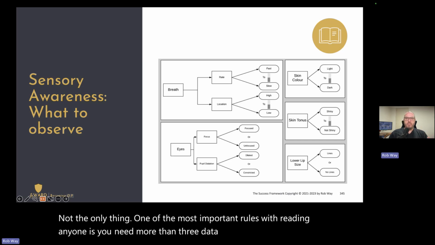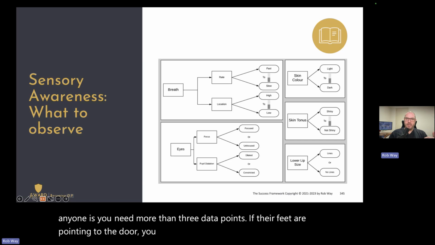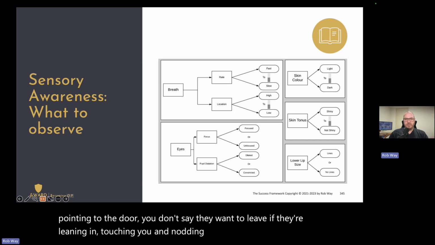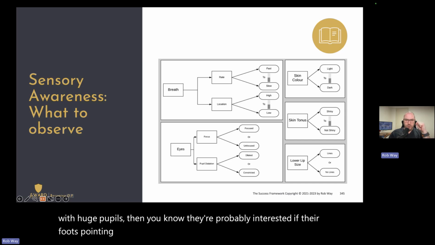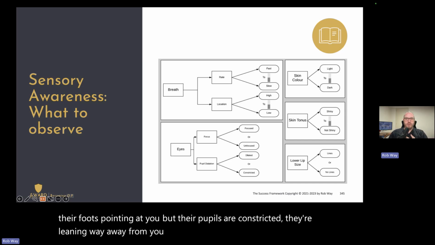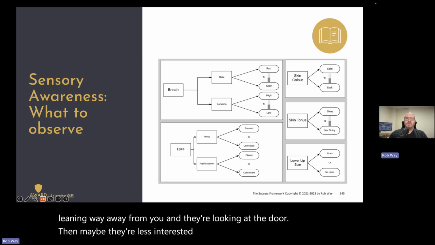If their feet are pointing to the door, you don't say they want to leave if they're leaning in, touching you and nodding and have deep eye contact with huge pupils. Then you know they're probably interested. If their foot's pointing at you, but their pupils are constricted, they're leaning way away from you and they're looking at the door, well, then maybe they're less interested. But the point is you need data when you're starting to read people.